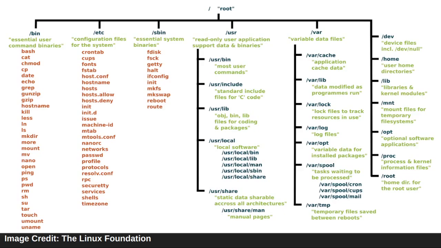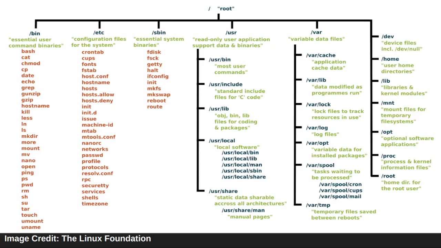So this is an image by the Linux Foundation. It shows the various directories in the root of the file system. The first file we can see is bin. You can notice the / just in front of bin, which indicates bin is in the root. Bin is a directory in the root.